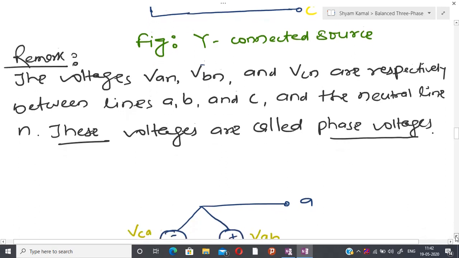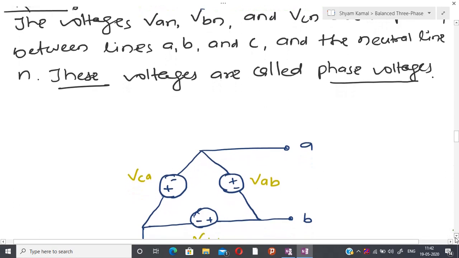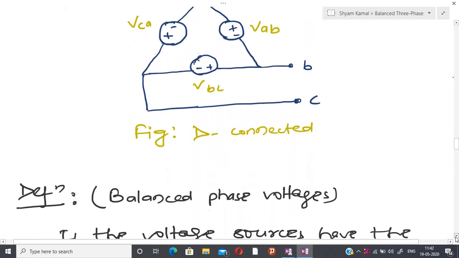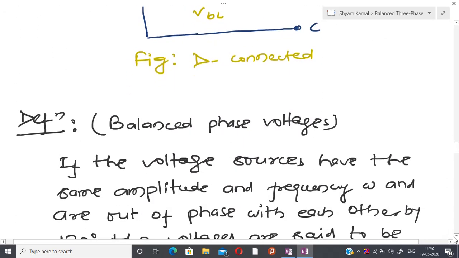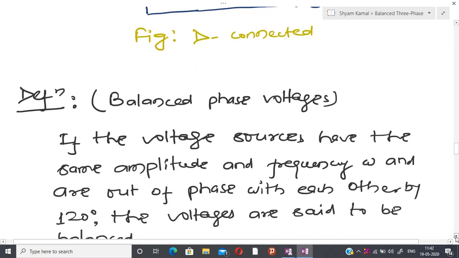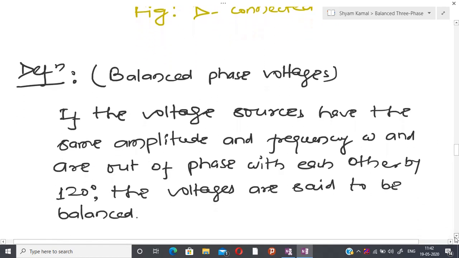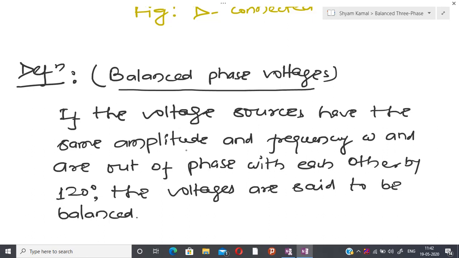And now after that I have another connection, which I will talk about after some time. But let us see that this is called balanced phase voltage. We have defined the phase voltage as the voltage between A and the neutral line, B and the neutral line, C and the neutral line.